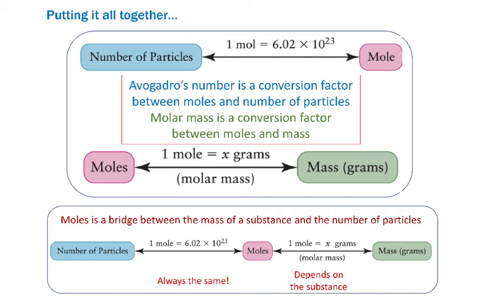Putting these together in a sequence, we have a relationship between the number of particles and the mass, just like the number of nails and the mass of the nails, number of particles and the mass of the substance. Now the conversion between number of particles and moles is always the same. That's Avogadro's number. And the conversion between moles and mass, the molar mass, depends on the substance.